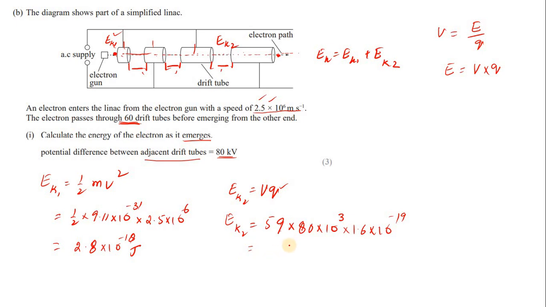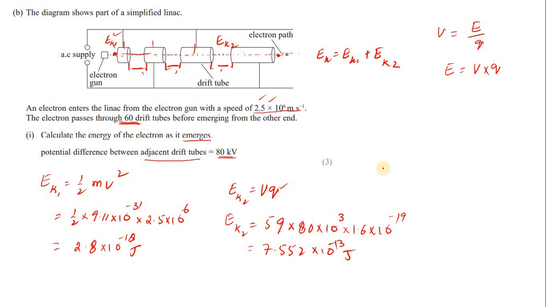So energy would be equal to 7.552 into 10 to the power minus 13 joule.